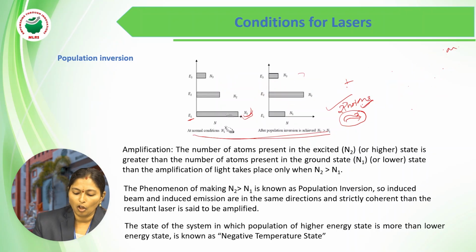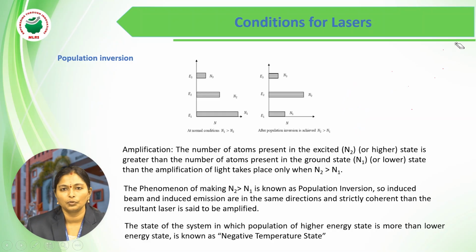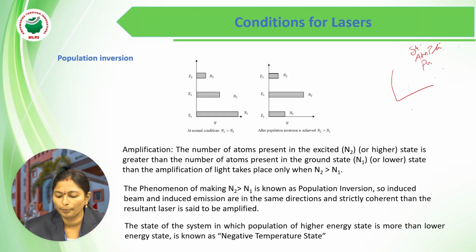Okay, we are talking about the stimulated emission and the amplification. So what is population inversion? More number of atoms are in the excited state when compared to the ground state. So before the stimulated emission and amplification process, what do we need? Pumping.